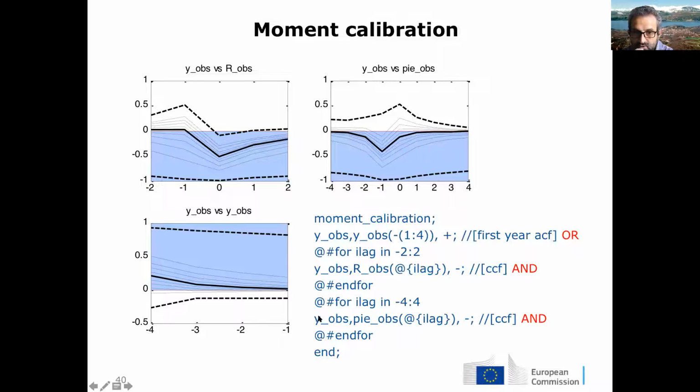And also you want a negative link between GDP and inflation, from lags -4 to +4. So you want to match these conditions simultaneously.